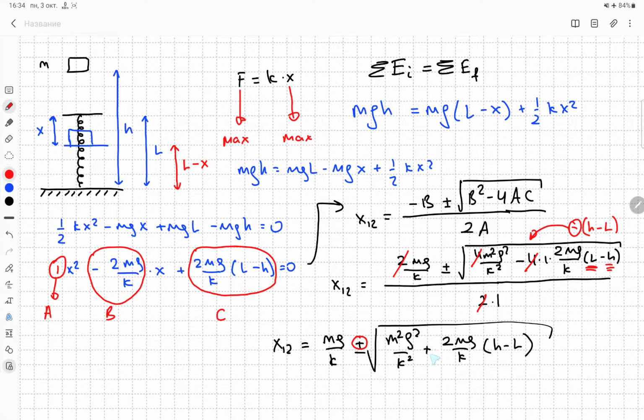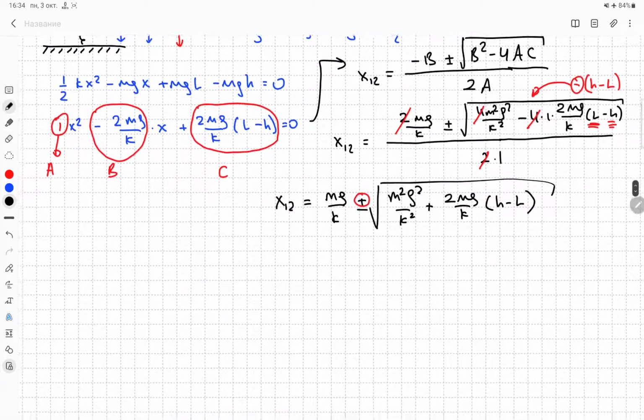It's obvious. If you choose the minus sign, at the end we will get a negative number, a negative compression, which is impossible. There is no physical meaning. So that's why we choose the positive plus sign.